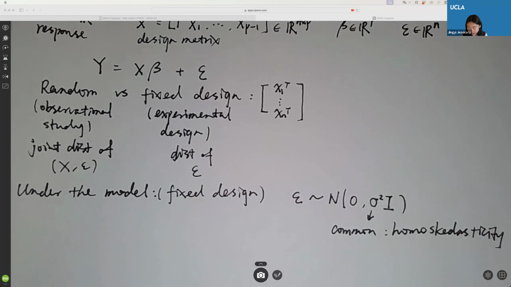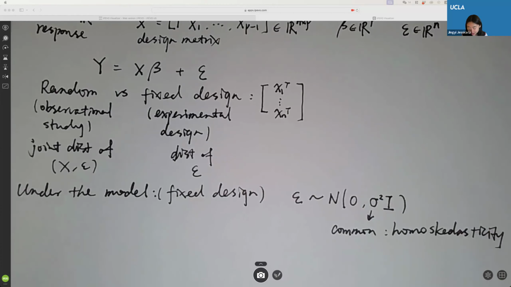Now the question is, what is the expectation of Y? Under this model, we assume epsilon has mean 0, and X beta is a fixed term. So the expectation of Y is just X beta, because the expectation of epsilon is 0.